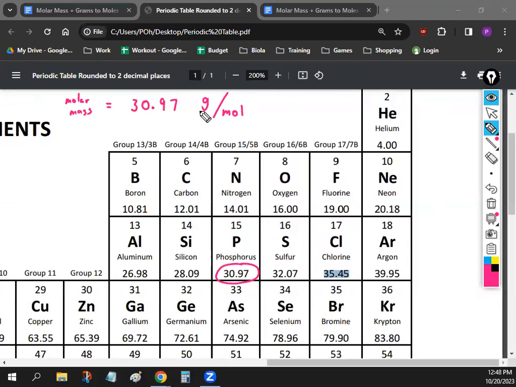So you have to add g/mol. It's just telling you grams in 1 mole. This means there are 30.97 grams in 1 mole of that substance. Make sure you write g/mol.